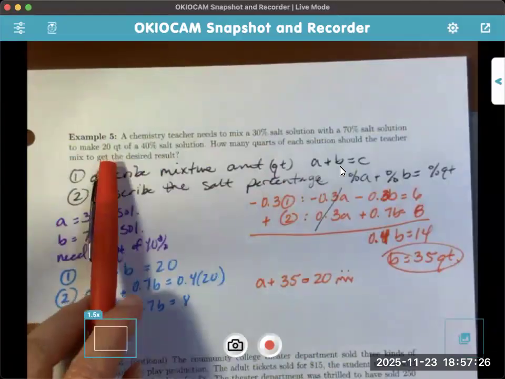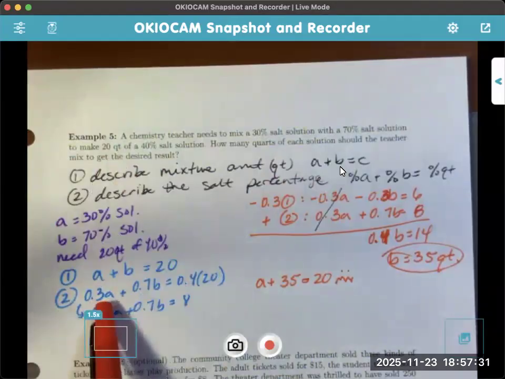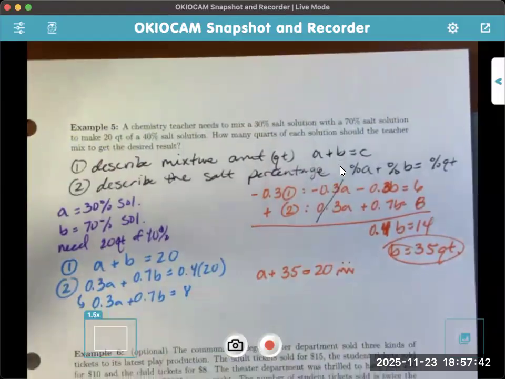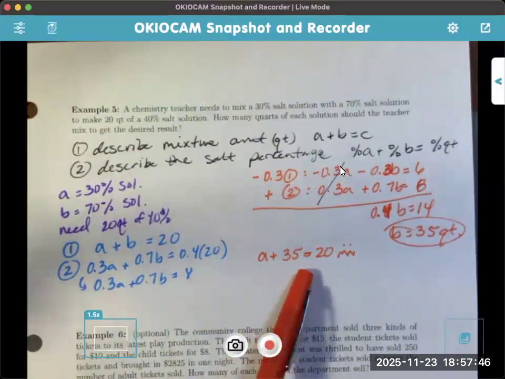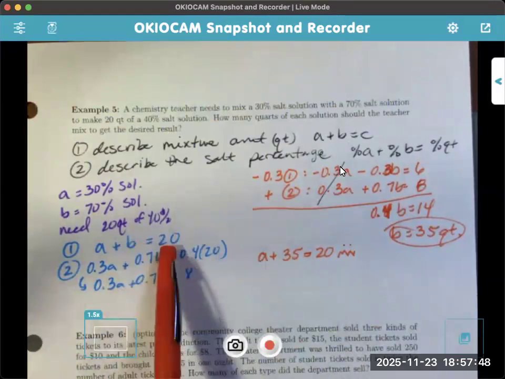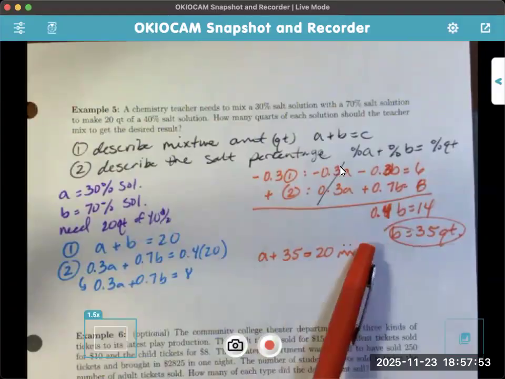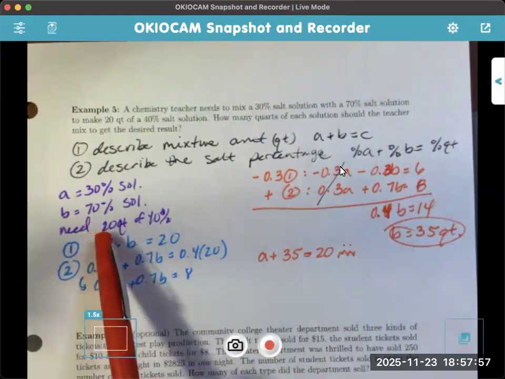I need a 20%. 0.4 times the 20 is the 8. I'm sure y'all saw me do it a million years ago and you're screaming at me. But now let me find it. Well, first of all, how do I know this is wrong? Because if I only need 20 quarts, it doesn't make any sense that I need 35 quarts of B, right? That's not right. That's so silly.